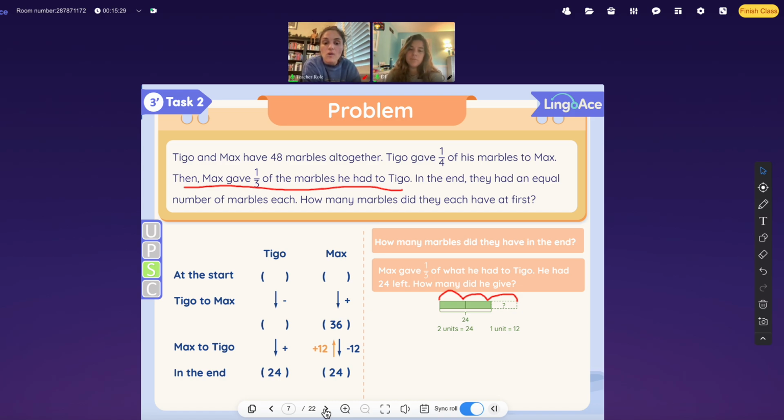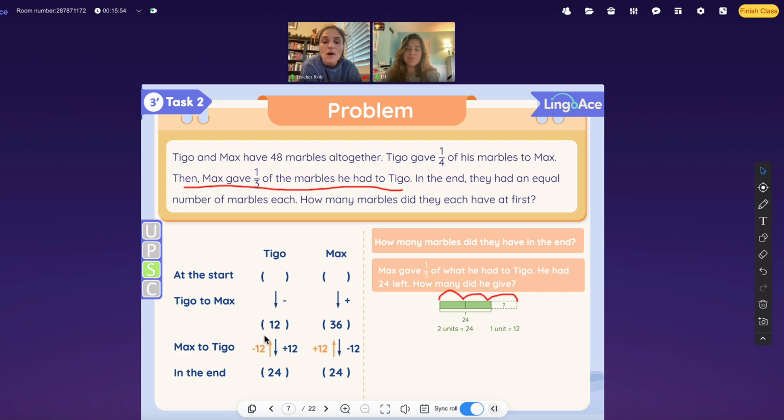So we know now that during the second step, Tigo had 12 and Max had 36. And how can we be sure that we're right so far? What do these two numbers, 12 and 36, have to add up to? 48 for all the marbles that we have. Good. It always needs to be 48.